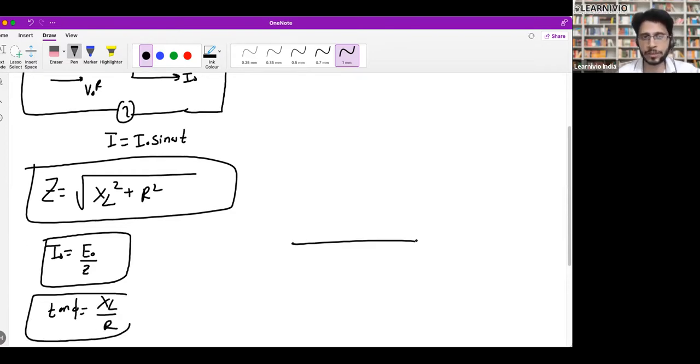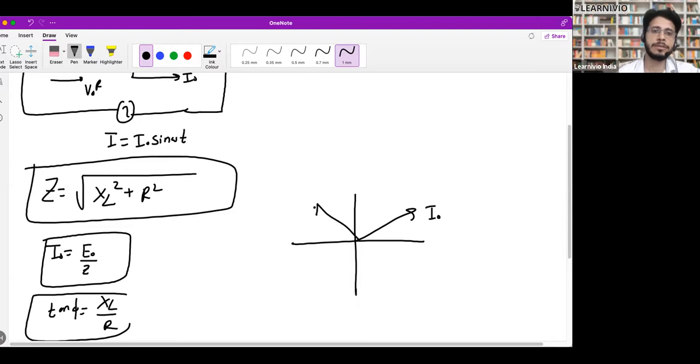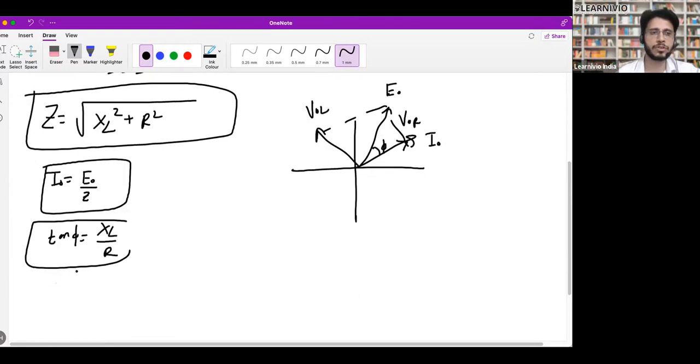If you draw the phasor diagram, which is important, this is current I naught. This is your V naught L, and this is your V naught R. This is your net EMF E naught. Here also E naught is ahead. So EMF leads current.